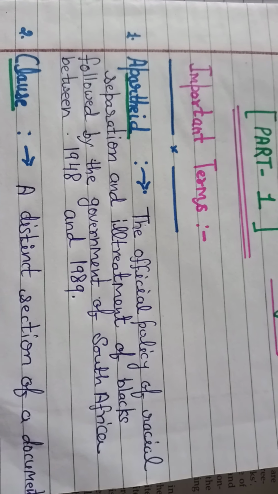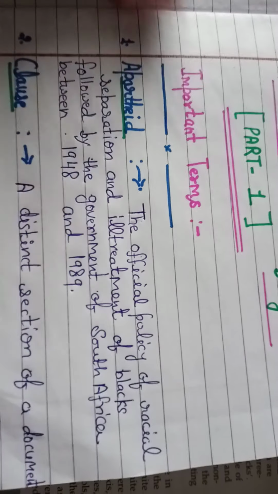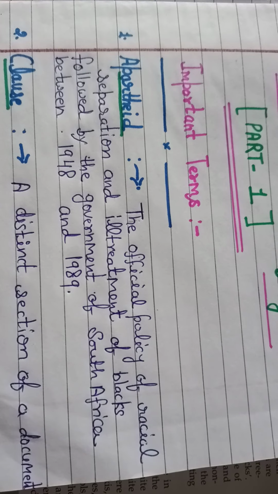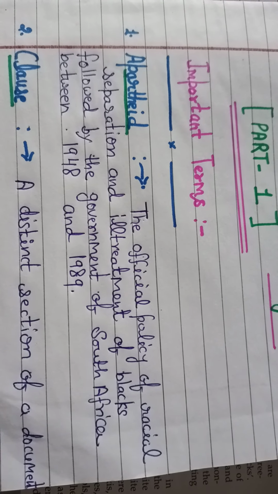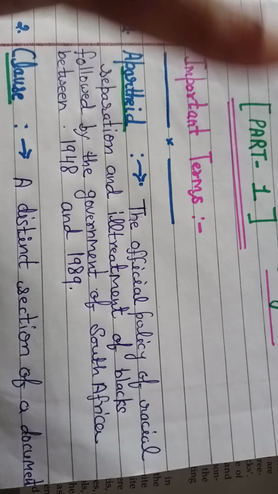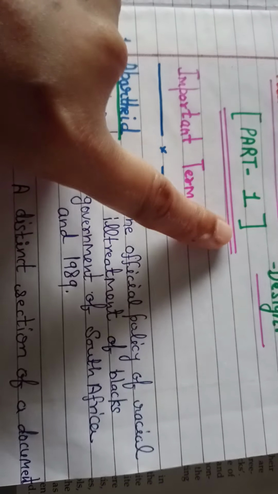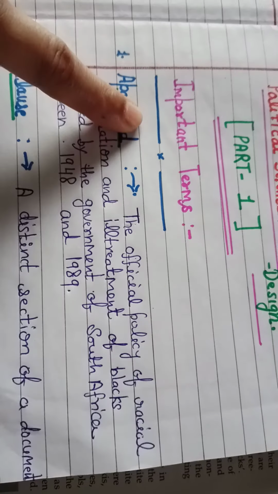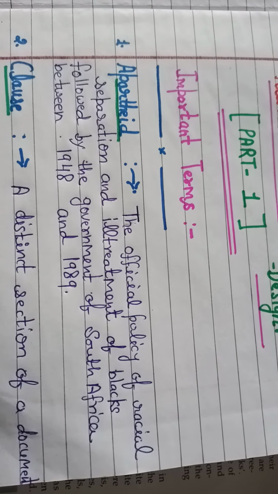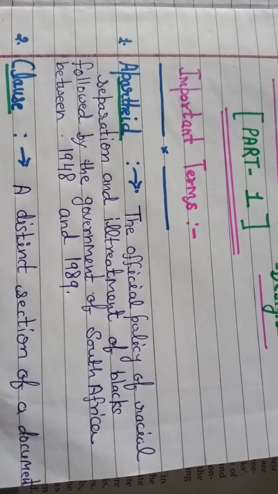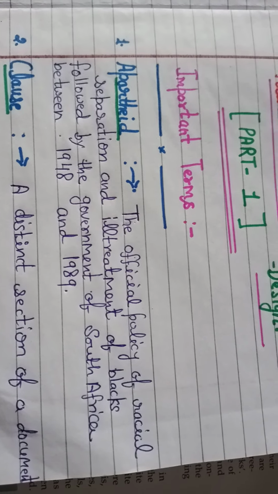So first of all, you will make notes. You will give the title of the chapter, Constitutional Design Part 1, and then you will copy these important notes in your fair notebook, and then you will do the question answers, whatever homework I will give you.